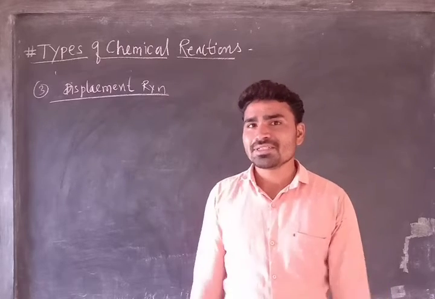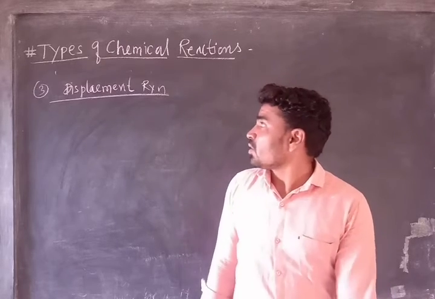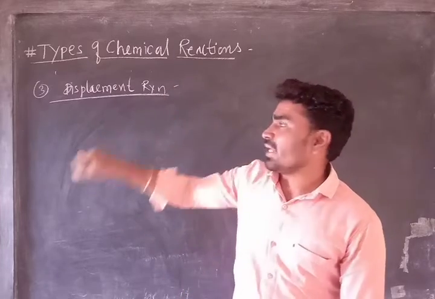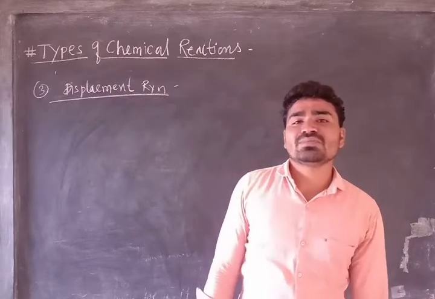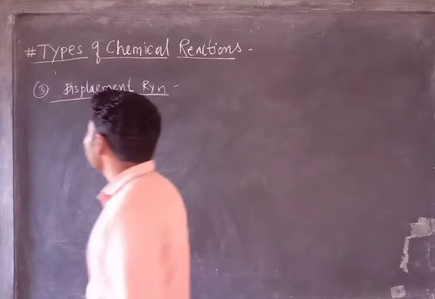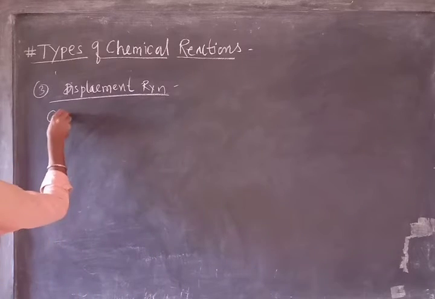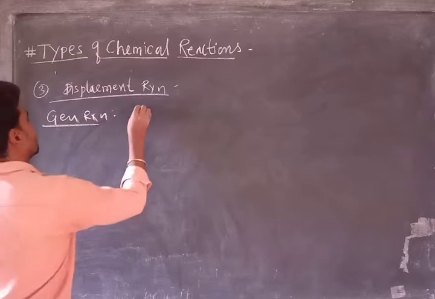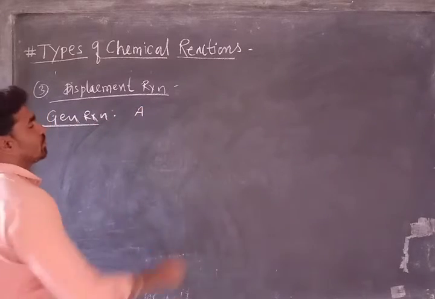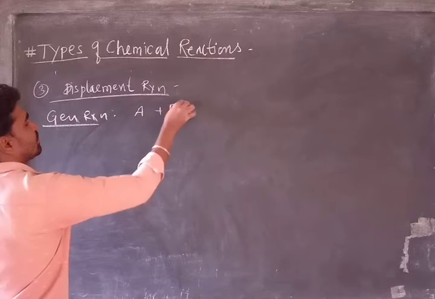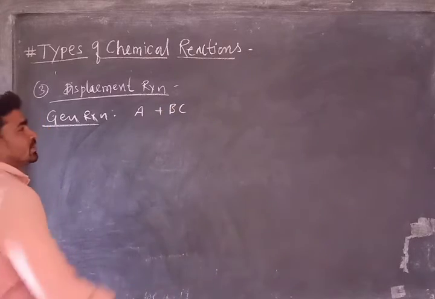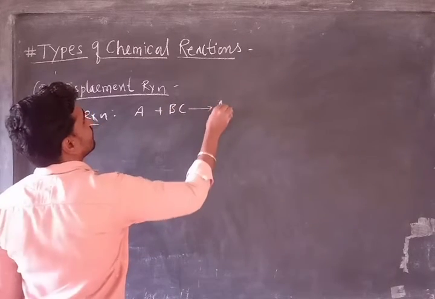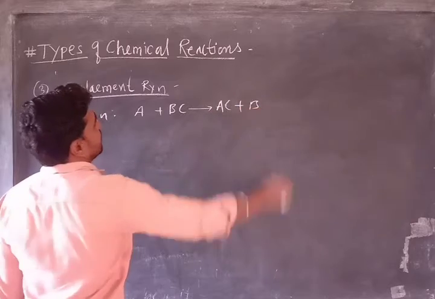So this is displacement. This type of chemical reaction is called a displacement reaction, and its general reaction is this: consider A is a substance and BC is another substance, and it forms AC plus B.